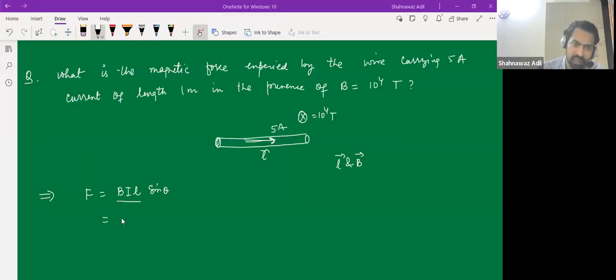From my point of view, this is going inside. So what is the angle between these two? This is the angle between these two, 90. So the angle is 90.